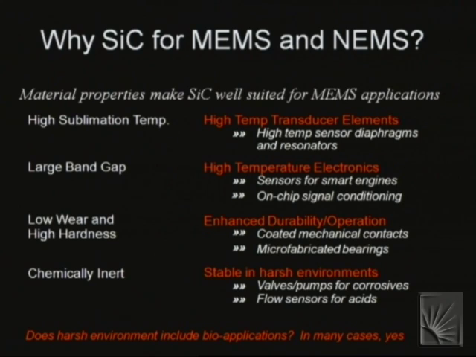With this slate of properties, you can envision a wide range of MEMS structures and devices that can be used in environments where these properties would be important, like high temperature pressure transducers alongside high temperature electronics, valves, microbridges, flow sensors, and the like.